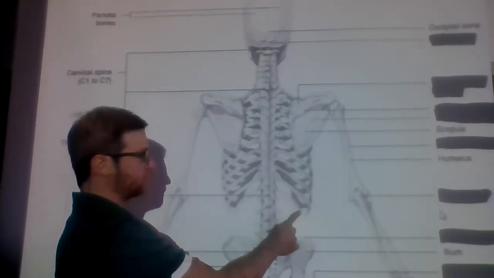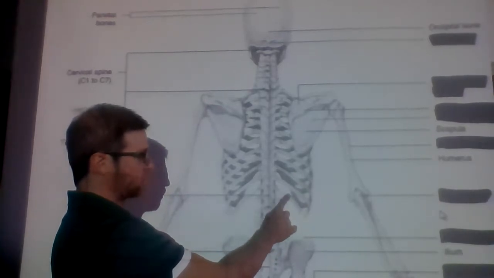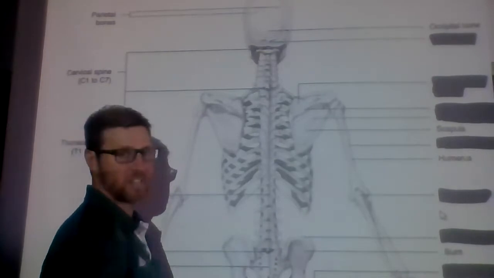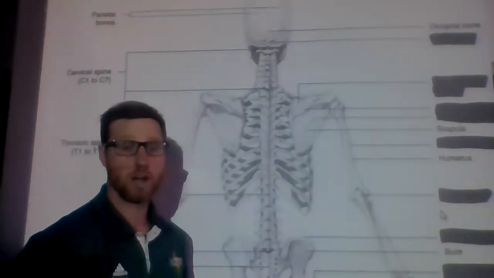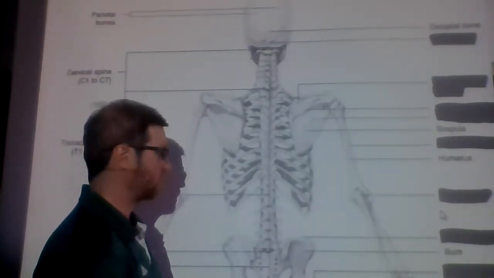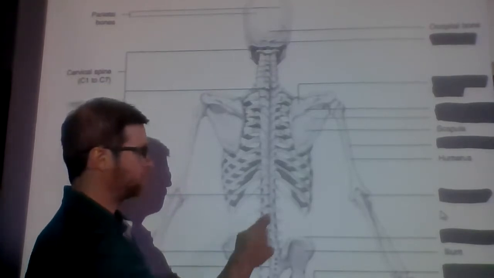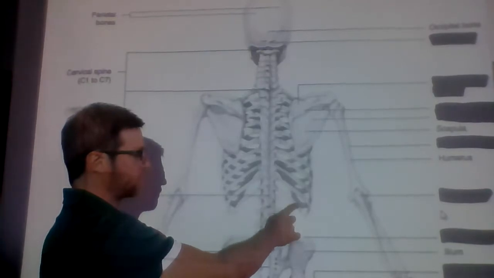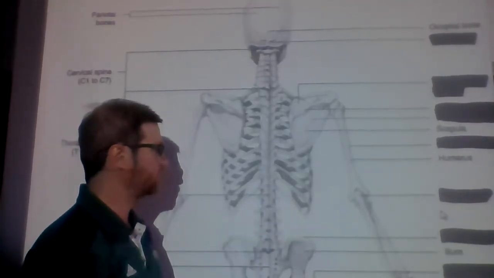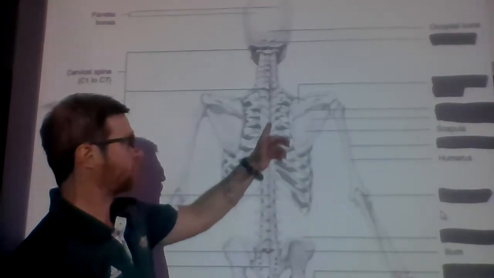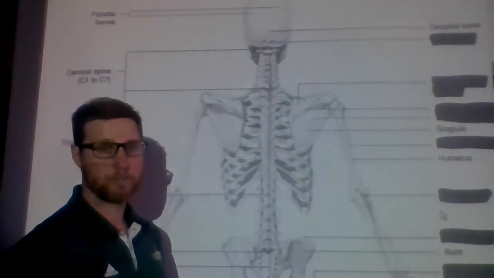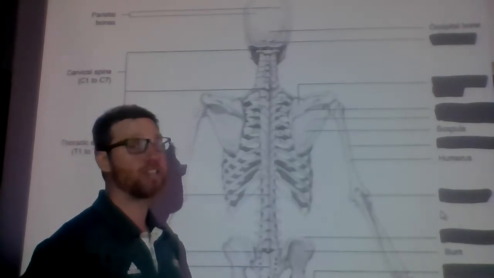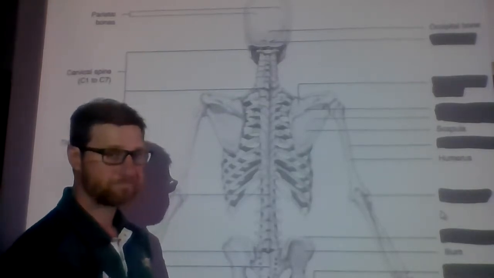Your final 2 ribs, number 11 and number 12, show up much better on this side, and you can see how they have no articulation at all to the costal cartilage on the anterior part of your rib cage. But rib number 11 articulates to T11, and rib number 12 articulates to T12. So those are your thoracic vertebrae, T1 to T12, and make note that they all articulate to a rib.